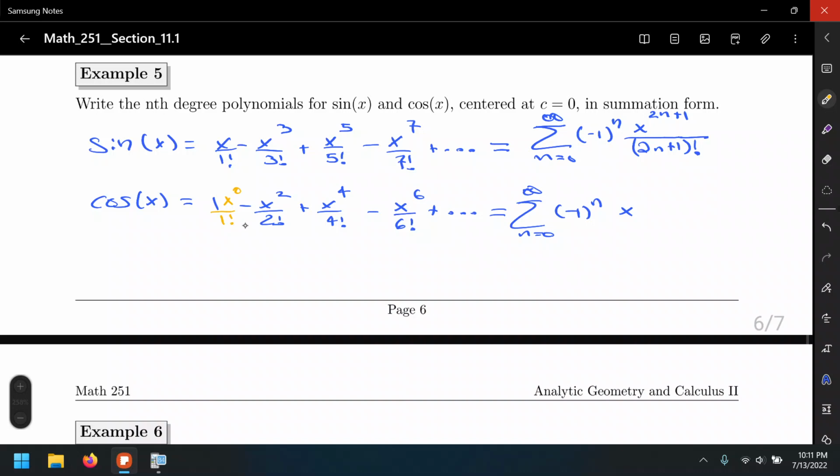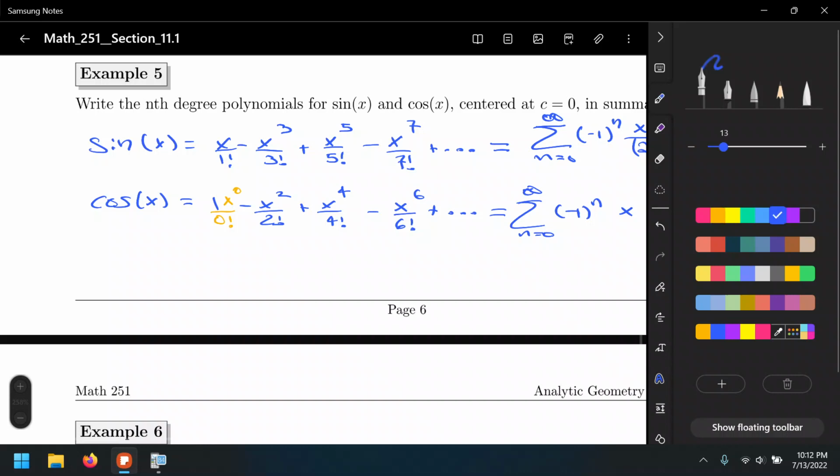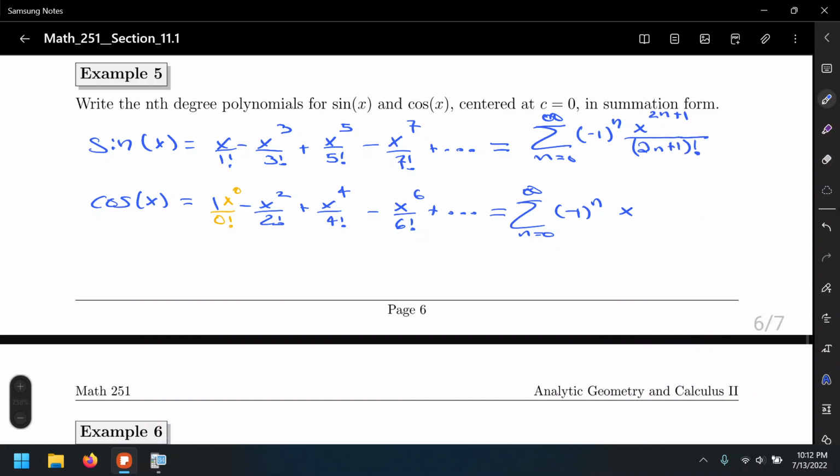In order to keep the sequence 2, 4, 6, what would be the previous number? How about 0 factorial, which is also 1? Both 0 factorial and 1 factorial are equal to 1.